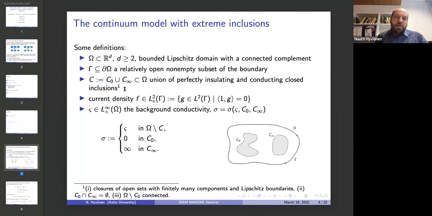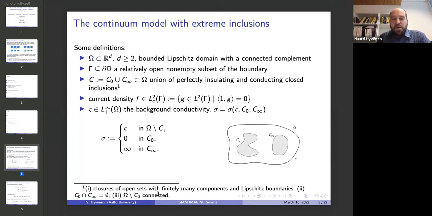And I need to make some assumptions about the geometry of these objects. The things that I assume to begin with, playing-it-safe assumptions that make everything safe, are that the two inclusions are closures of open sets with finitely many components and Lipschitz boundaries, and they should be disjoint. So this means that actually they have some distance between them because they are closures of open sets.